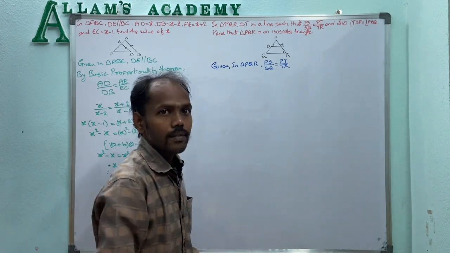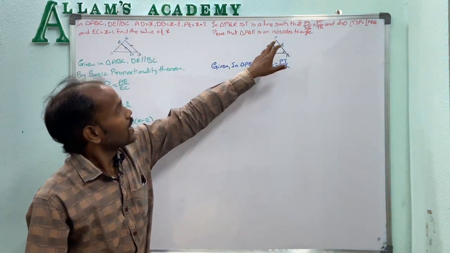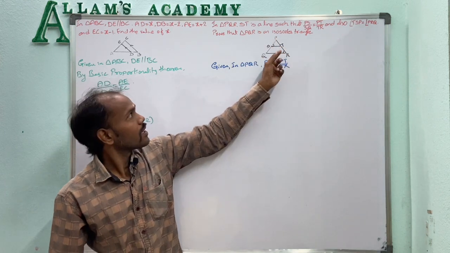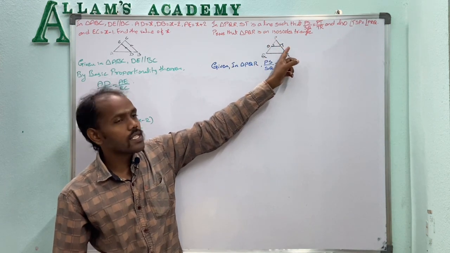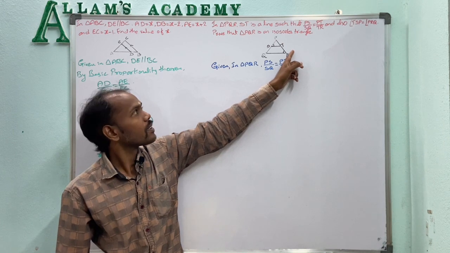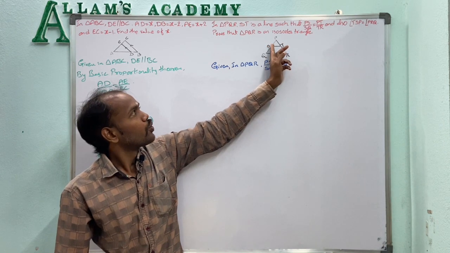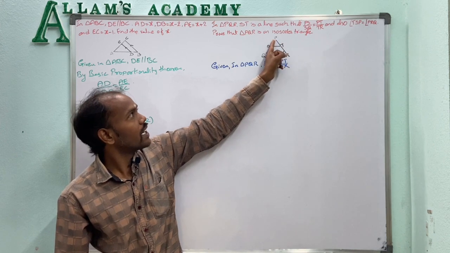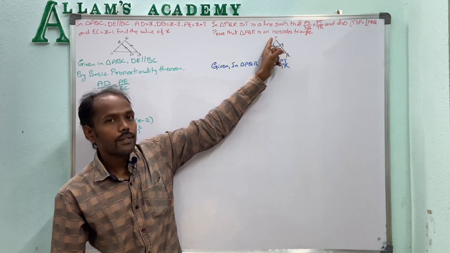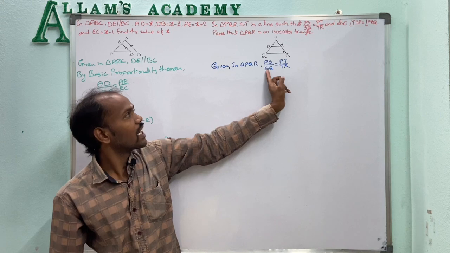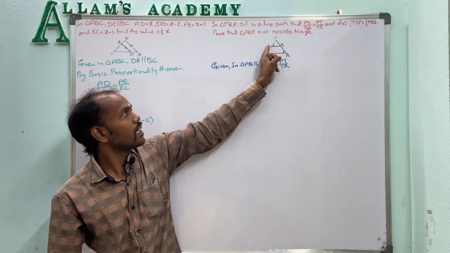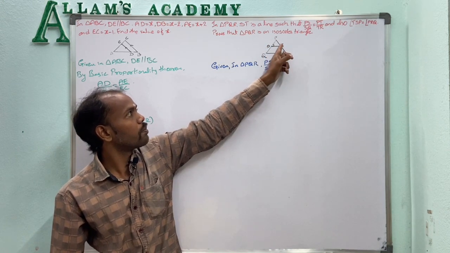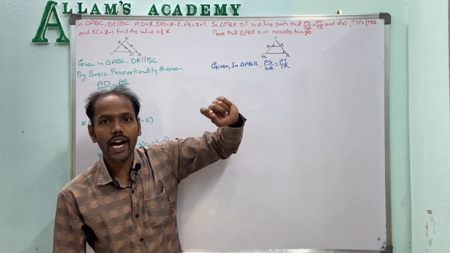That means in a triangle, 2 points on the two sides are dividing these two sides in equal ratio, PS by SQ equal to PT by TR.